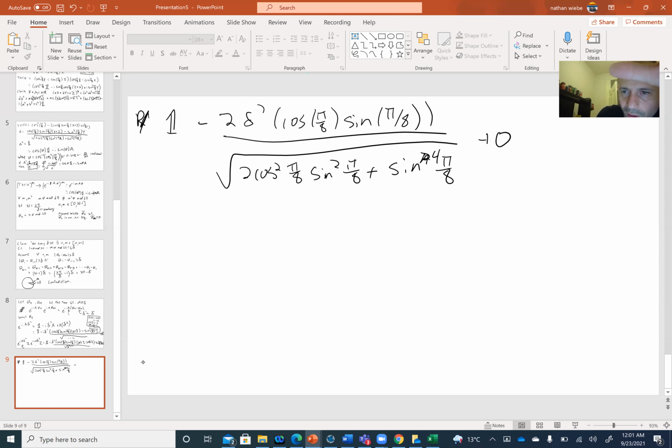And then there are correction terms that scale like delta squared.